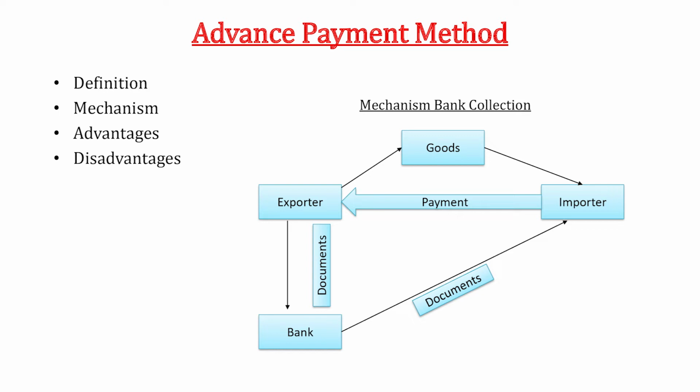So you have seen in this mechanism of advance payment, the exporter gets maximum benefit, the importer takes very high risk, and before the importer gives advance payment to the exporter, he will check the credentials of the exporter.